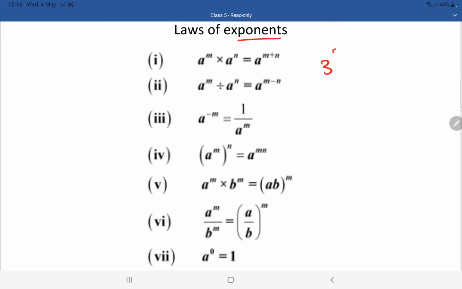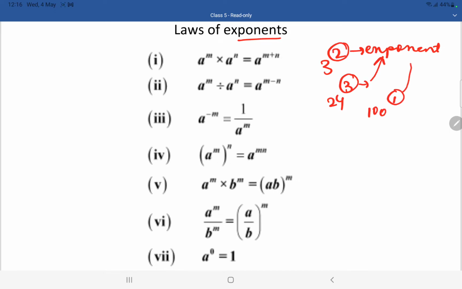If you write 3 power 2, here 2 is the exponent. If I write 24 power 3, here 3 is the exponent. If you write 100 power 1, here 1 is the exponent. Okay, so I told you what is meant by exponent.